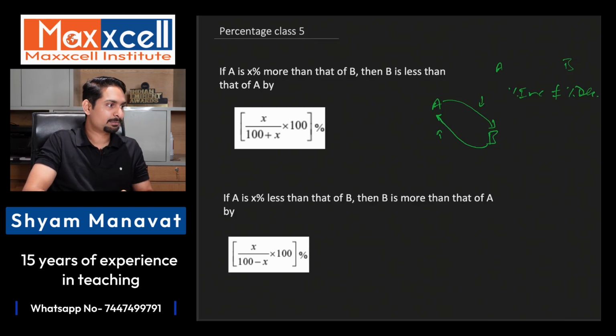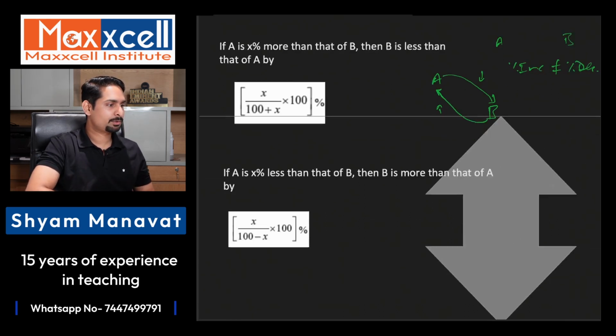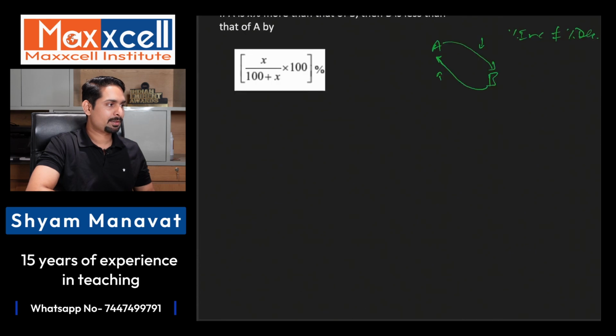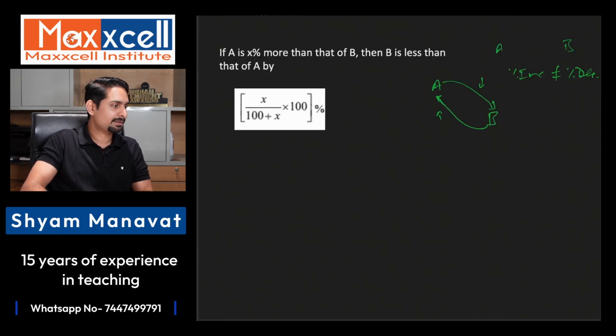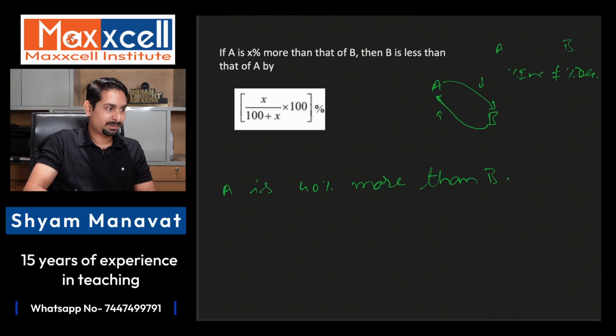Great. So if A is X% more than B, then B is less than A by X upon 100 plus X, into 100 percent. Let me show this with an example. If A is 40% more than B, then of course B is less.